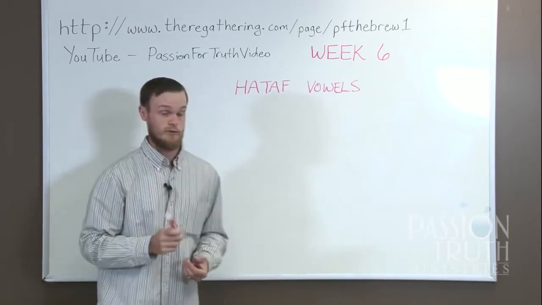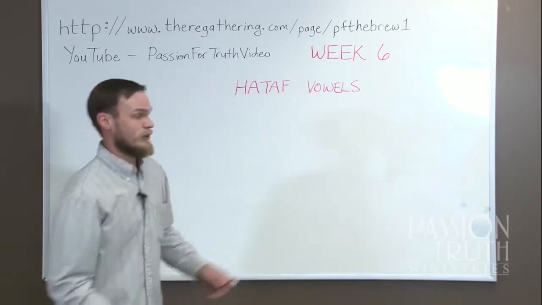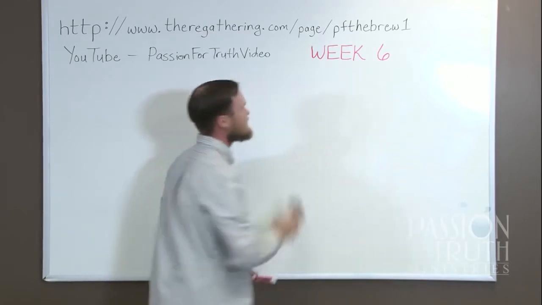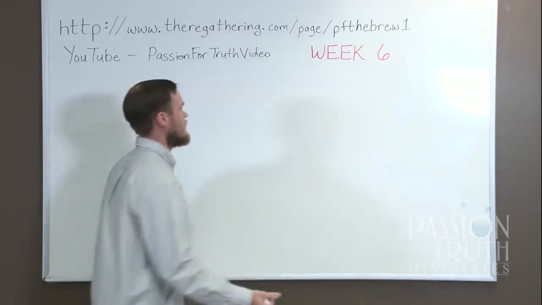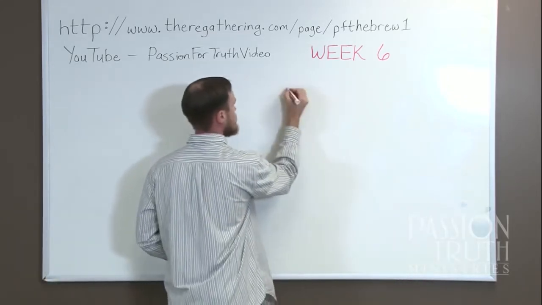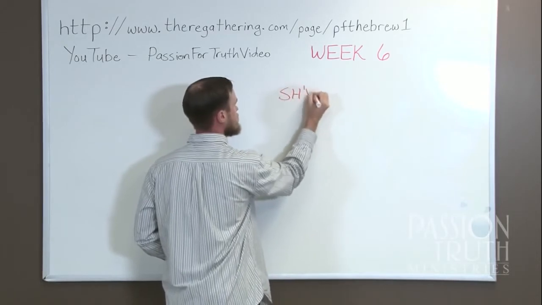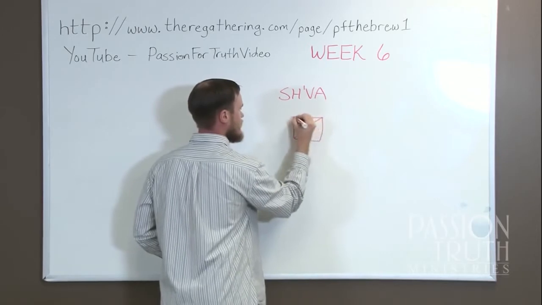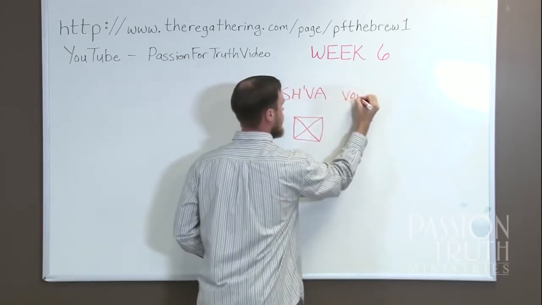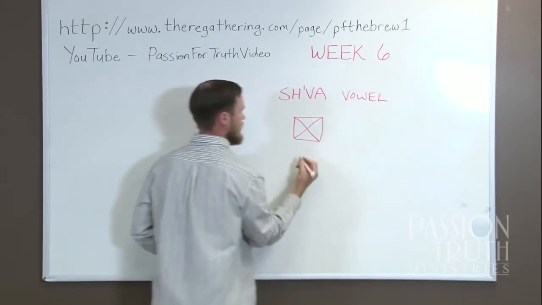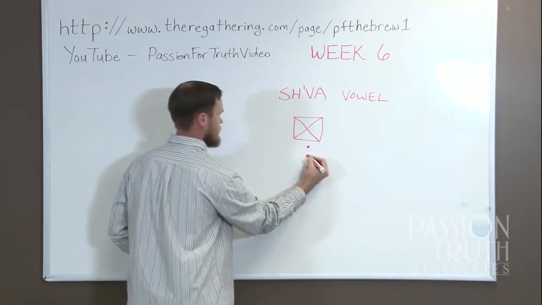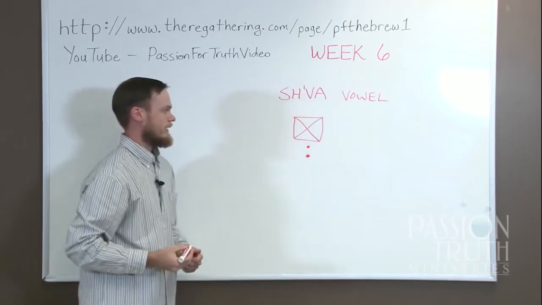So I'm going to go ahead and cover the shva. So forget the chataf vowels temporarily, and I will talk about the shva. The shva vowel appears below a letter, and it's 2 dots, sort of stacked vertically like that.